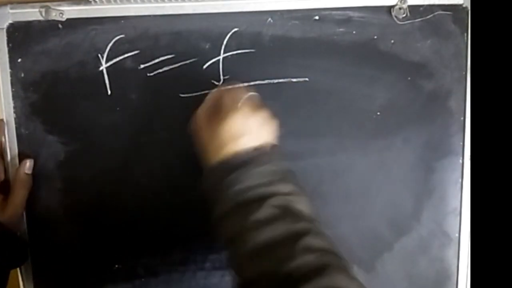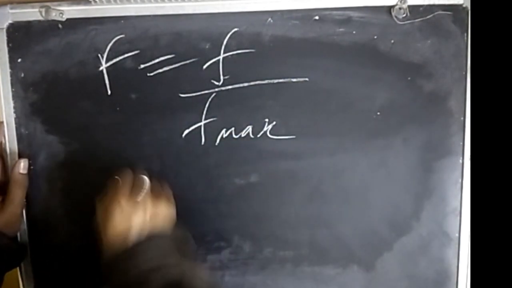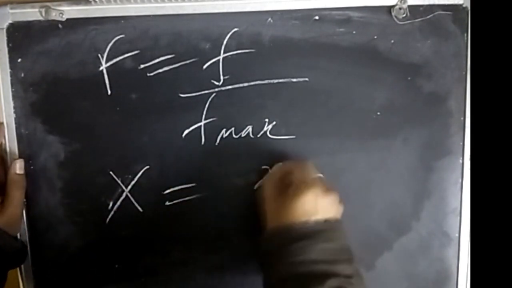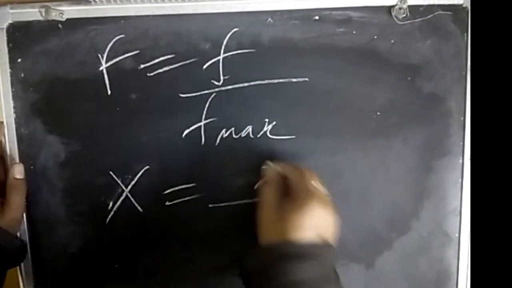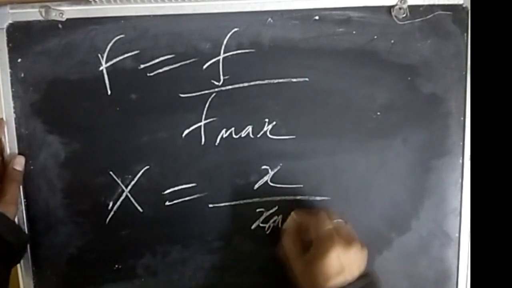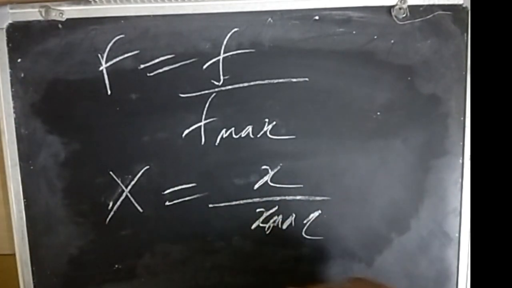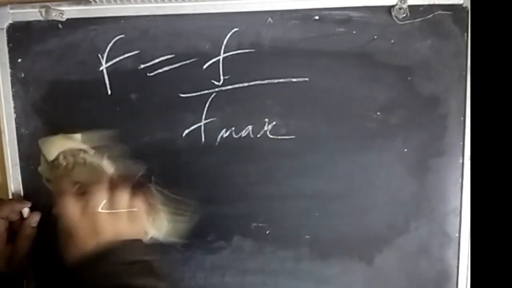Capital F means actual F by F maximum, and capital X means the stem opening by some X maximum. X maximum means 1, and X could be some fraction of that 1. So we have F square directly proportional to X.